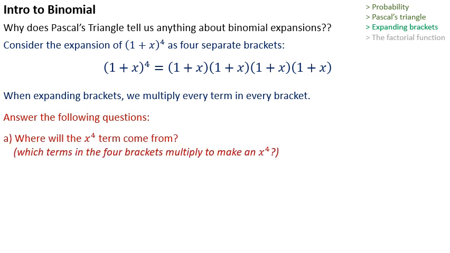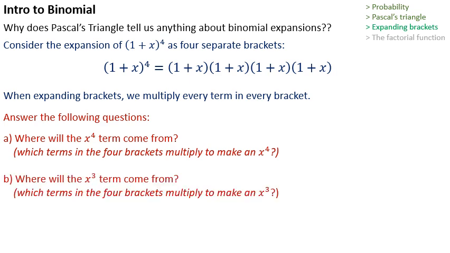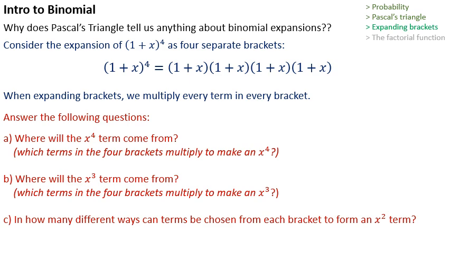So see if you can answer these questions. Where will the x^4 term come from? If you're expanding these brackets and you're choosing a term from each bracket to multiply, which terms do you choose that will multiply together to give you an x^4? And then what about the x cubed term? Where does that one come from? And then finally, how many different ways can you choose a term from each bracket in order to generate an x squared term when you multiply them?